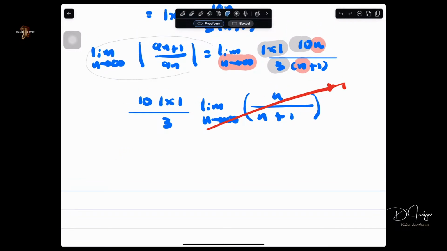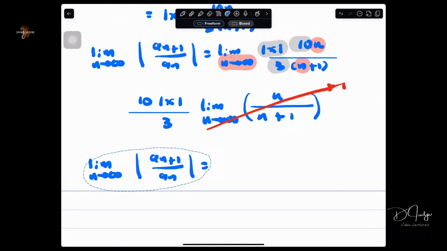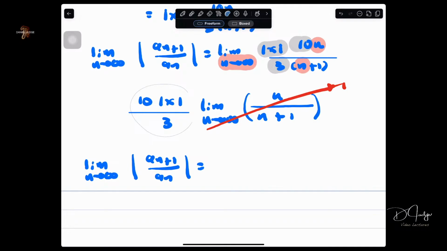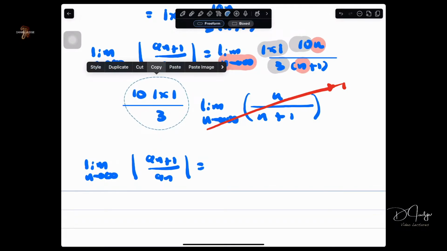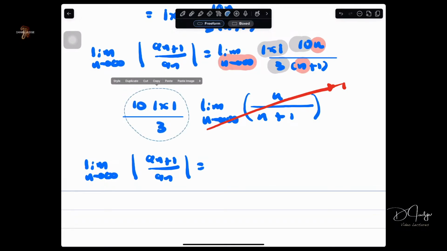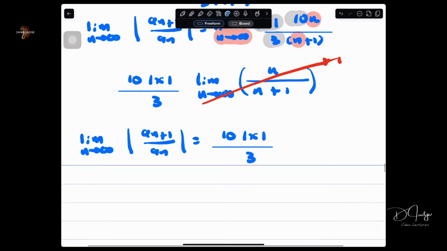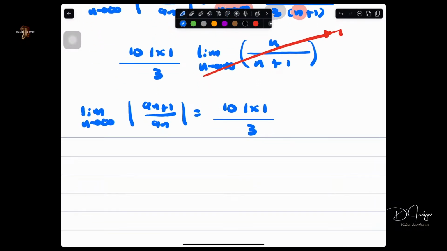Applying the limit to the ratio in absolute value, we get that it's really equal to 10 absolute value of x over 3. And in order to have convergence, that needs to be less than 1. That'll give us convergence here.